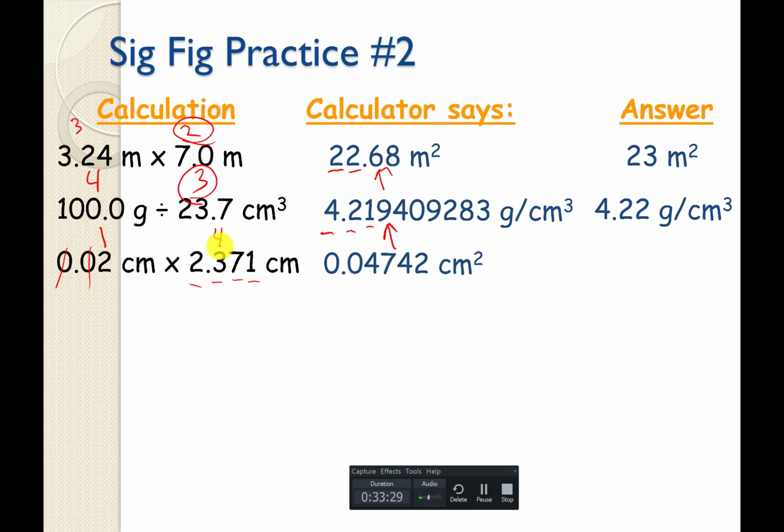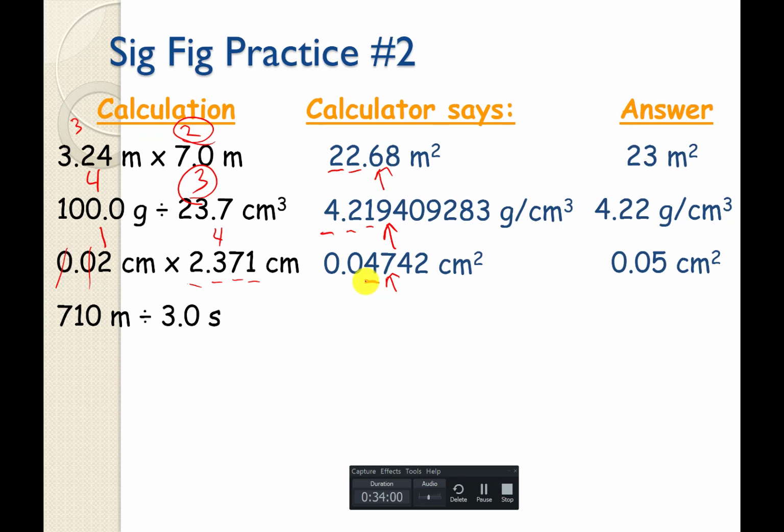So we go down to our answer here, and we start from the left to the first non-zero digit, and that is our last significant figure. Then we look at our first non-significant figure. It happens to be 5 or greater, therefore we need to round up. So we only have one significant figure, we're going to round up, and our answer is going to be 0.05 centimeters squared.